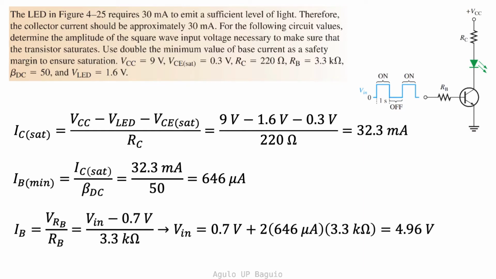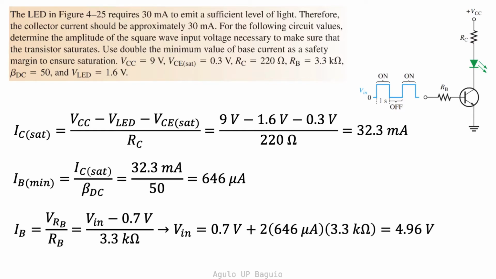Let's first solve for the saturation current, or the collector current. Originally, our equation is VCC minus VCE sat divided by RC. But since there's a voltage drop across the LED, we must include that in the equation. The voltage drop across the LED is 1.6 volts.